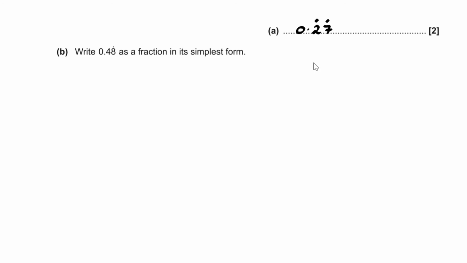For part B, we have to write 0.48 recurring as a fraction in its simplest form. Well, the first thing we will do is we will let x equal 0.488888, etc. Because we've got one digit repeating, we can multiply this by 10.